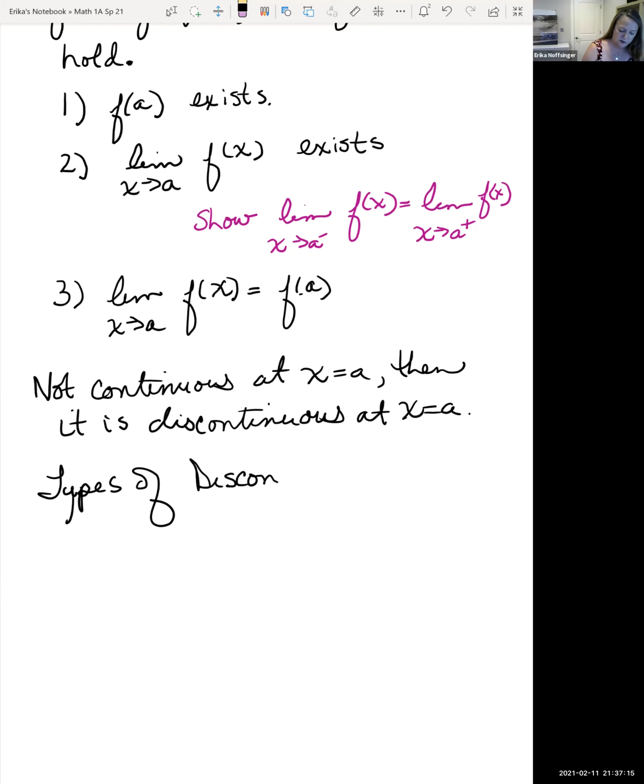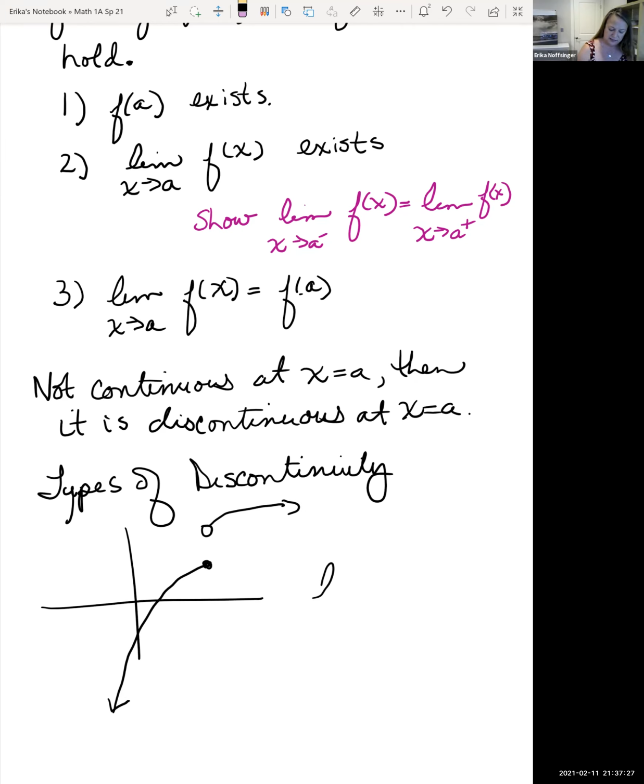So one of them would be if we had some sort of jump in the graph, where you might have some function here. So in this case, there's a jump.